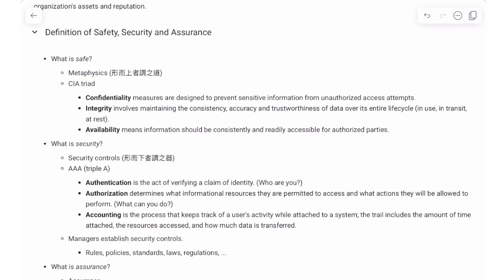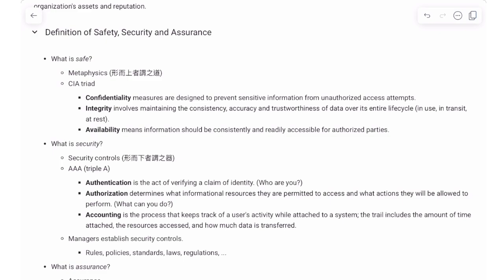The definition of CIA: confidentiality means they design to prevent sensitive information from unauthorized access attempts. So, for example, if you store your document in our cloud-based database, I guarantee your sensitive information will never be retrieved by unauthorized users, because I use complex cryptography to encrypt your data, so no one can access that.